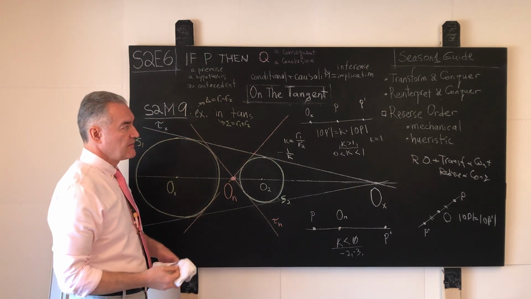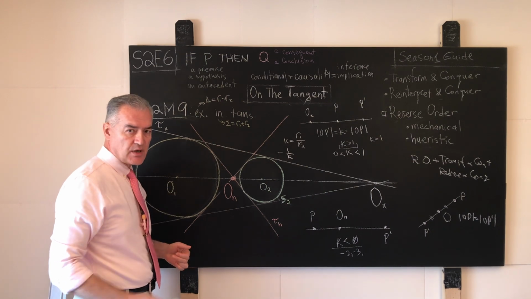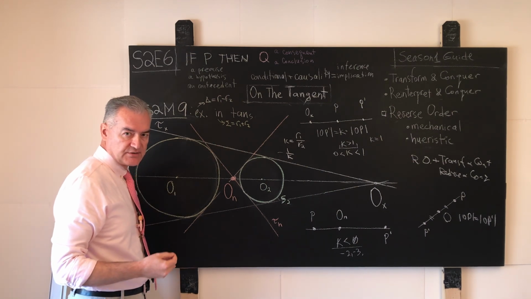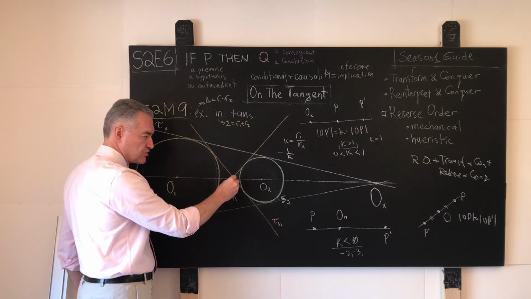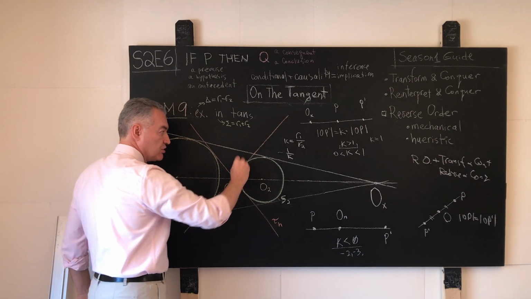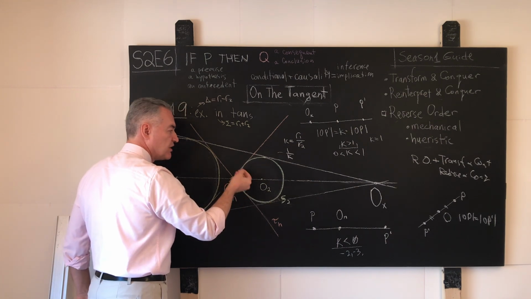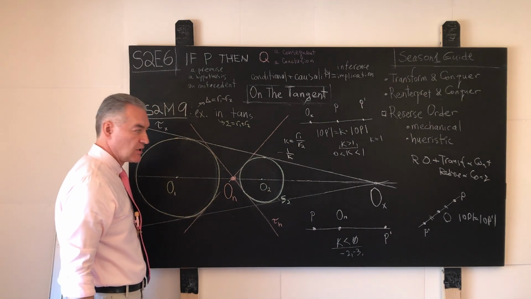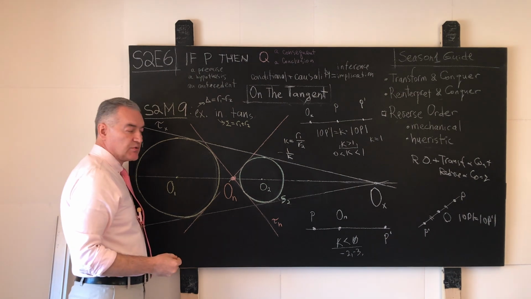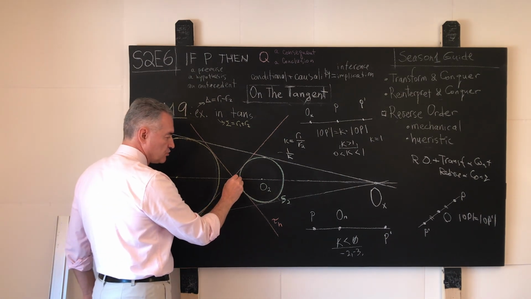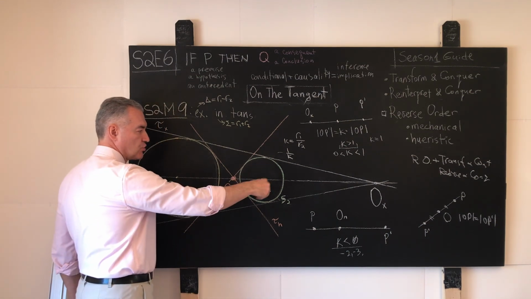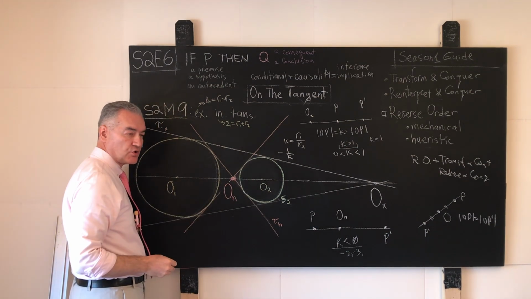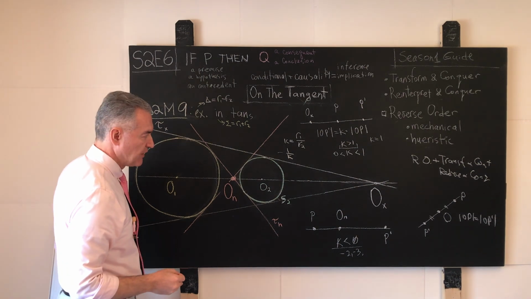And we use the reduce and conquer problem-solving approach, which I didn't discuss yet, but I will discuss soon, in order to solve the problem of constructing a tangent to a given circle through a point outside of that circle. In the previous two segments, I already explained in detail how to construct the tangents to a given circle through a point not on that circle. I will not go into too many details.